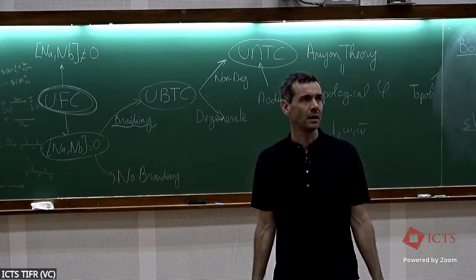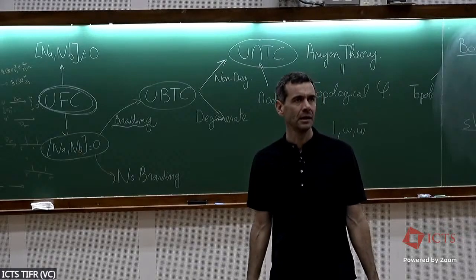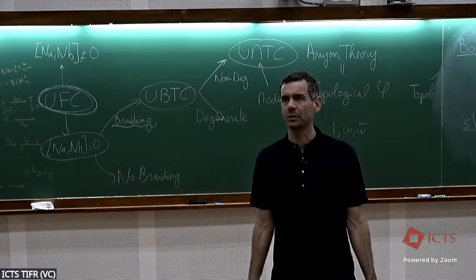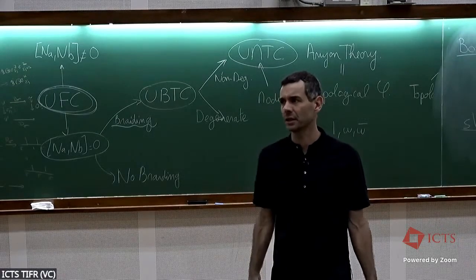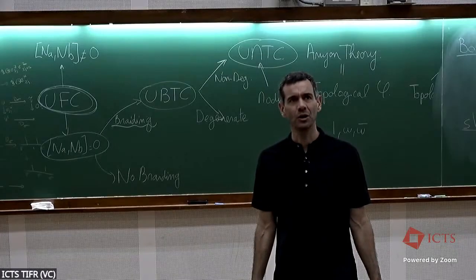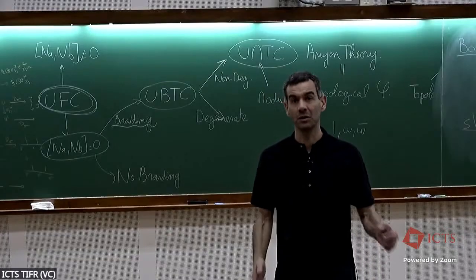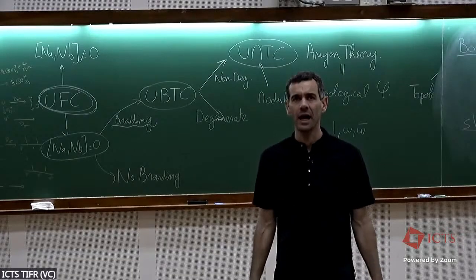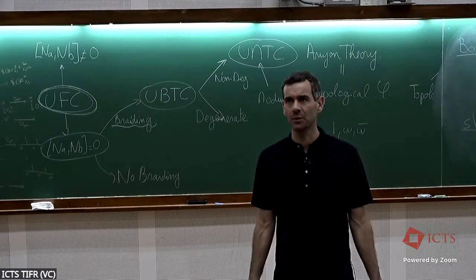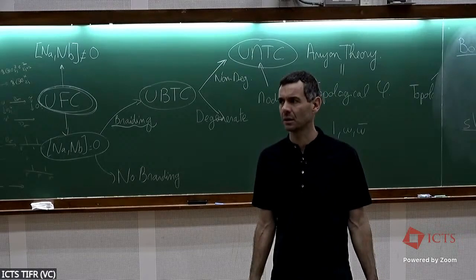Non-orientable. I don't think so, but maybe. I'm not familiar enough with non-orientable manifolds. I know one or two references. I could give them to you, but I'm not sure that even if you put it on the Klein bottle or something like that, you can distinguish between these two theories.